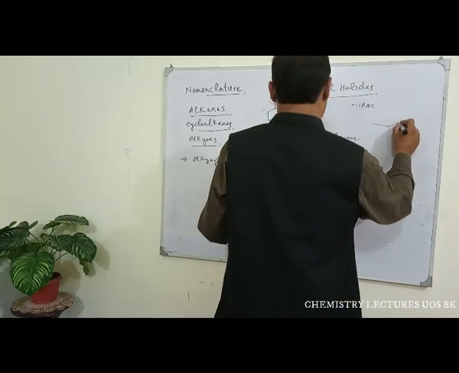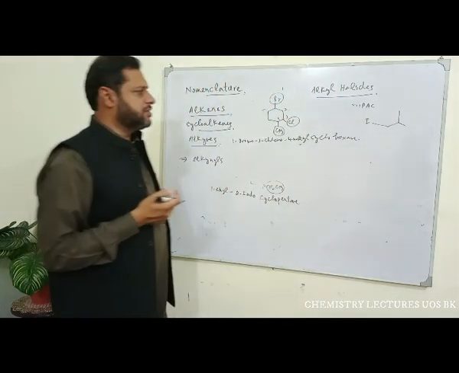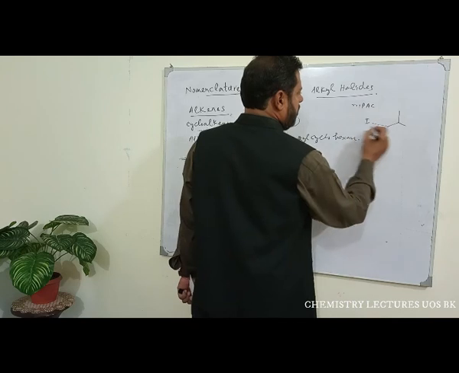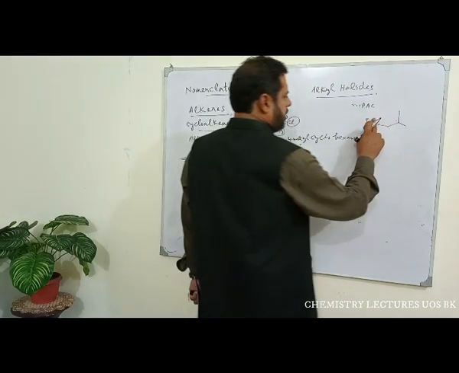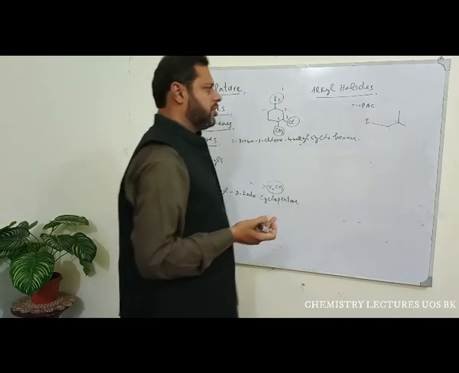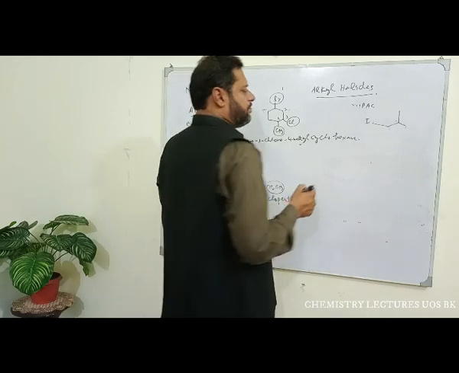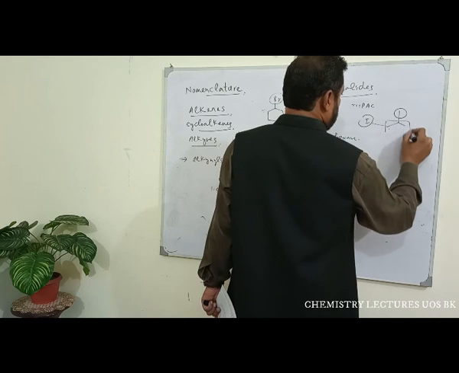Similarly, if we have this compound, now you can check what this is. This is the longest chain, sorry, a 3 carbon chain, 1, 2, 3, on which iodine is attached. So give numbering to any one of these. The methyl group is a substituent, this iodine is a substituent, and this is the longest chain.